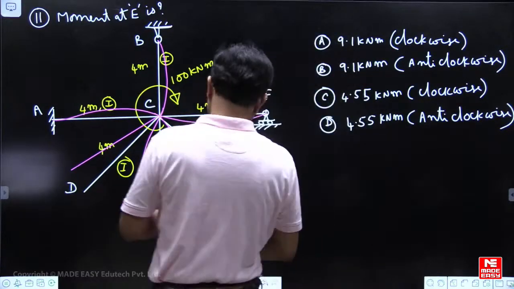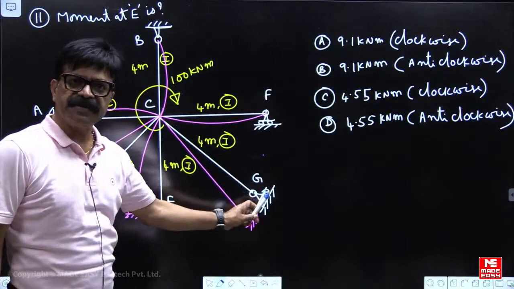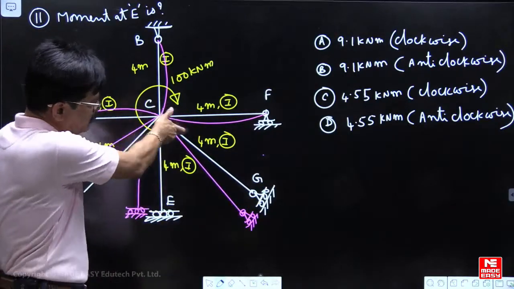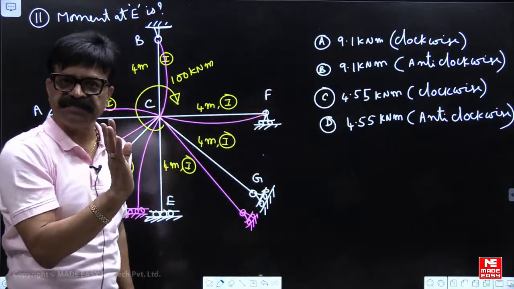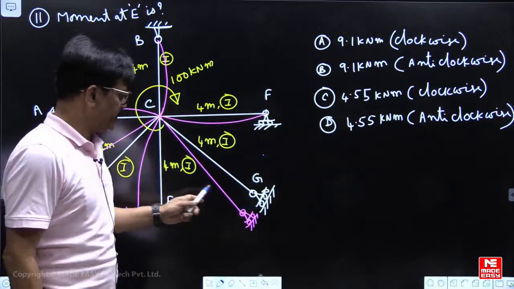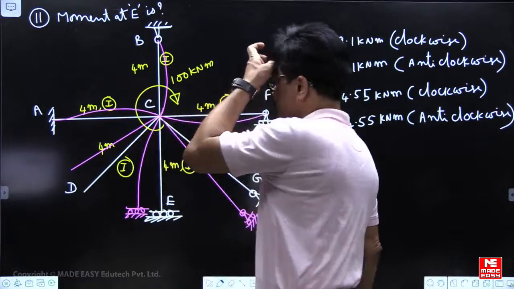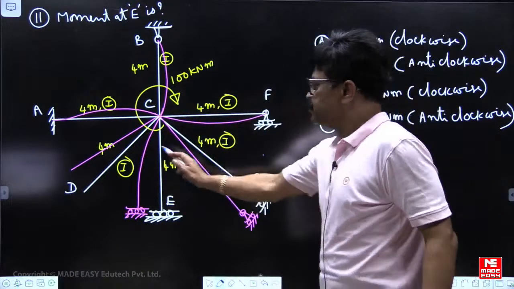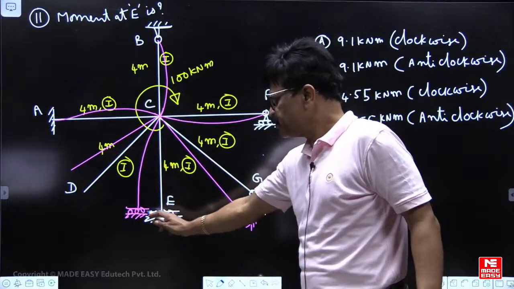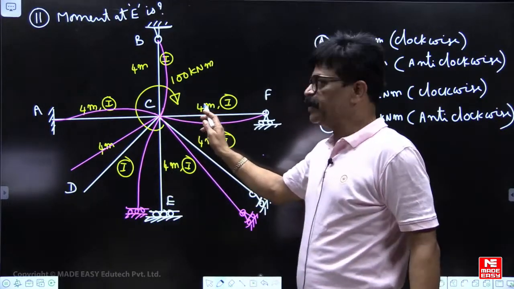In this case, the longitudinal axis of the beam and roller base are perpendicular to each other. So when I apply a moment, reaction will not come. So it will remain as a straight line. It will not bend. So is the case with this one. It will not bend. Okay, so for these two members, relative stiffness is 0. For this one, 1 by 4 I by L. This is 3 by 4 I by L.